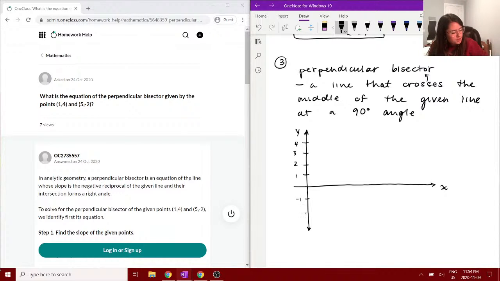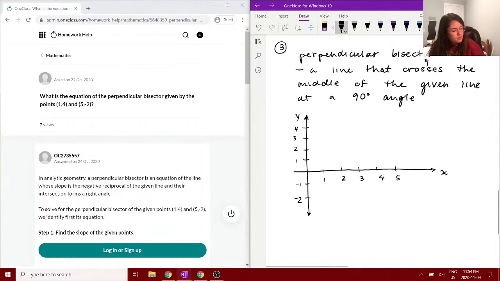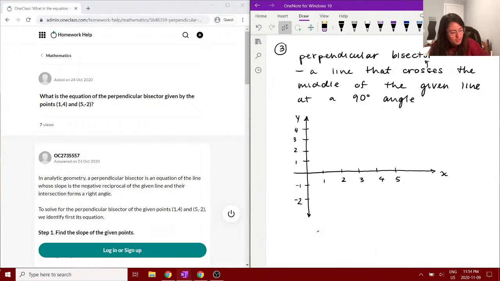Minus 1 and minus 2. 1, 2, 3, 4, 5. Okay, so as given in the question, we have points 1, 4, and 5, minus 2. So remember, this is x and this is y.